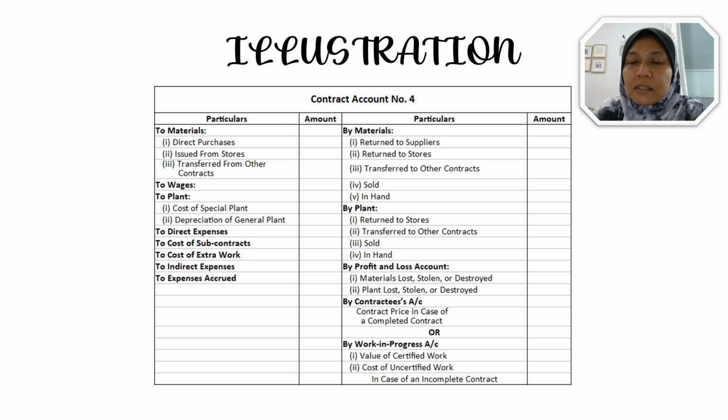Any details on the work in progress account are also shown in a contract costing. Now, can you see the difference between a simple job cost sheet and the contract account? I hope you do.